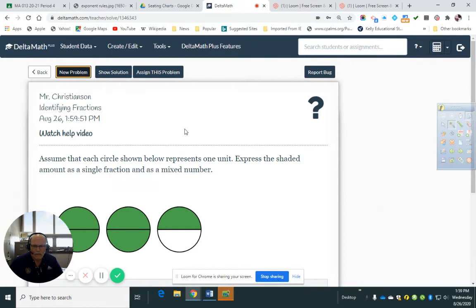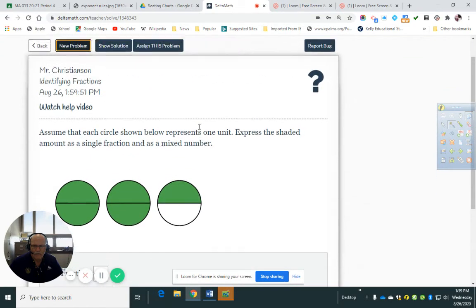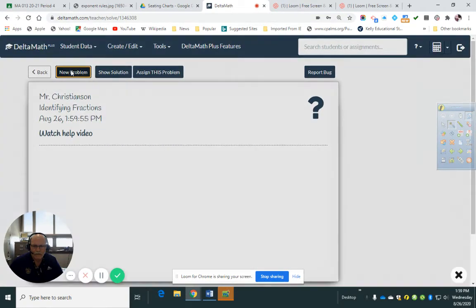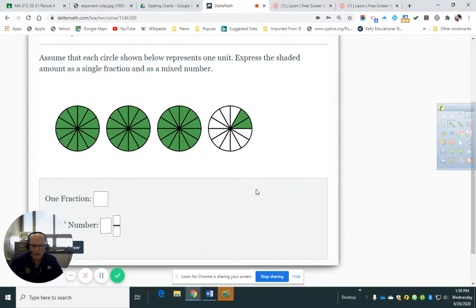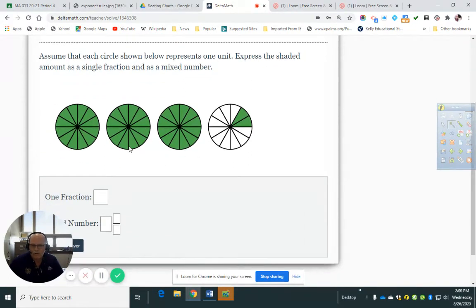Generally, this isn't too tough, and actually these are a little too easy. Maybe this one. Each one of these is split into 12s, it looks like. And I have 12, 24, 36, 38.